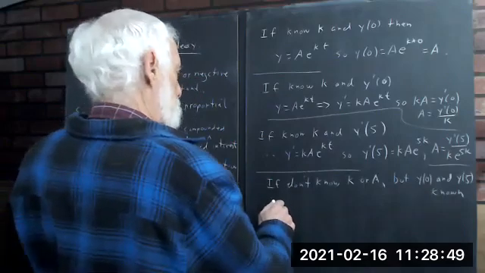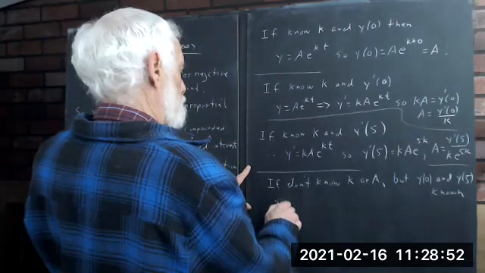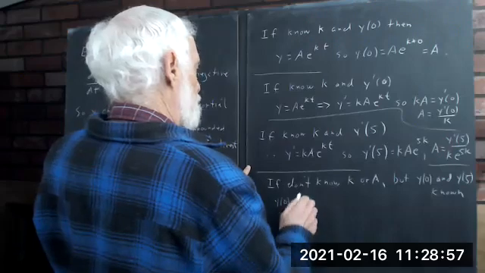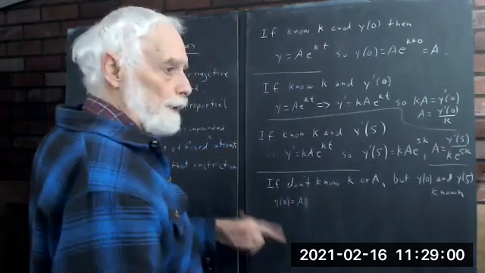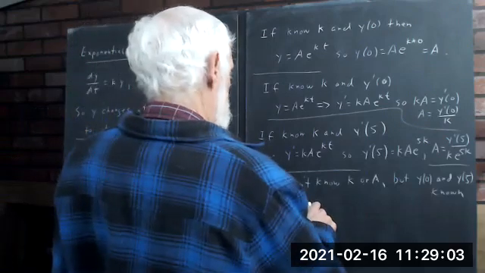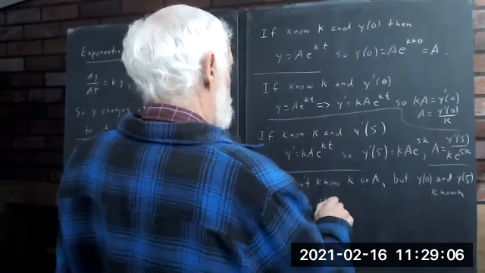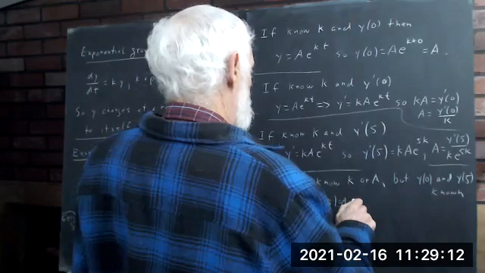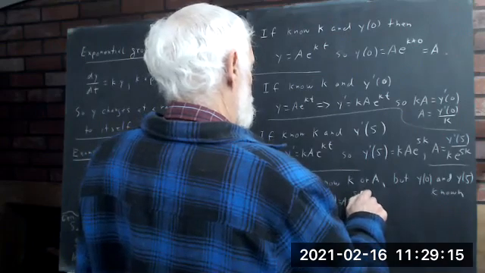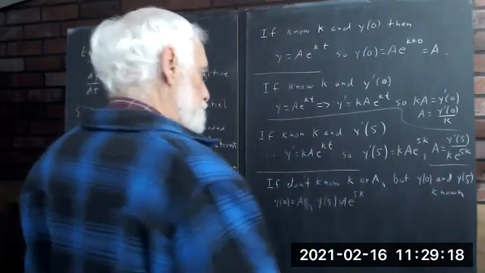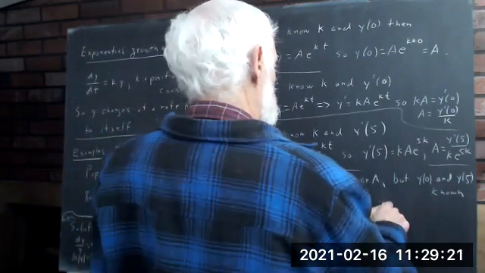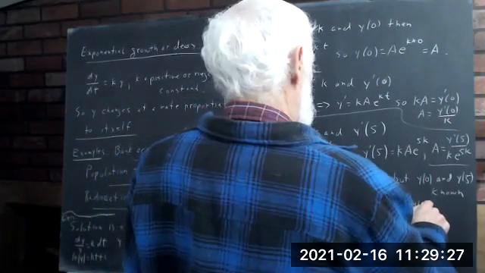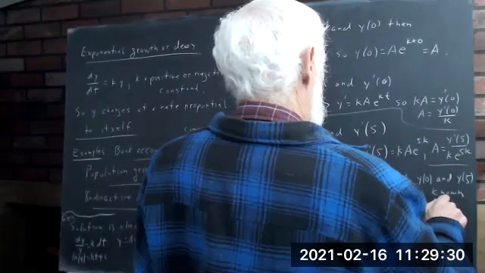So we know that y of 0 equals a. y of 5 is a e to the 5k. So y of 5 equals y of 0 e to the 5k.